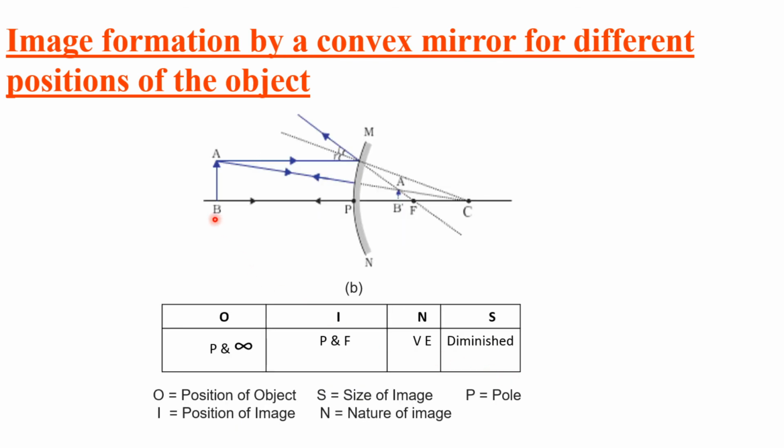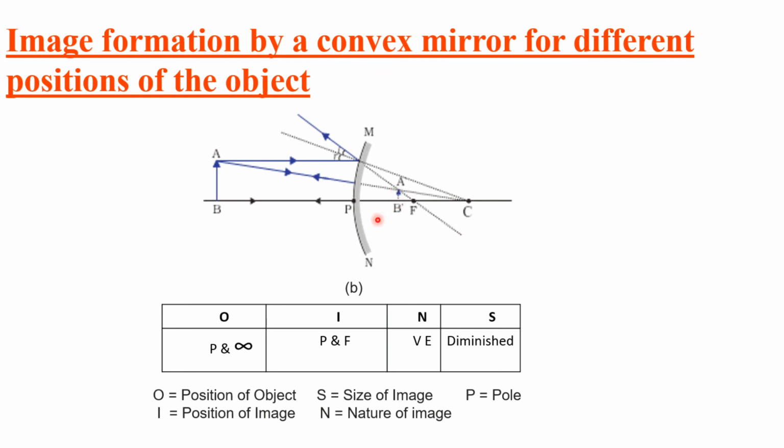In the next case, the object is placed between pole and infinity. Here AB is the object. One ray parallel to principal axis will get diverged and will appear as if coming from the focus. Another ray which is passing towards the center of curvature will be reflected the same way back, and the point of intersection is here.